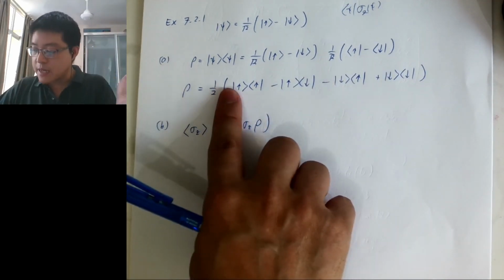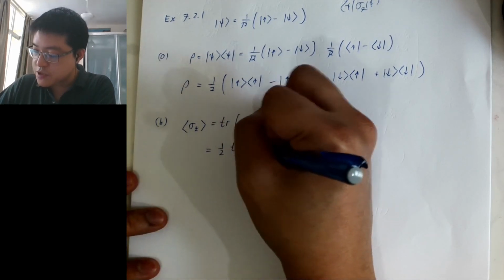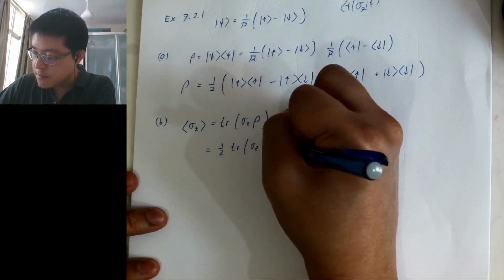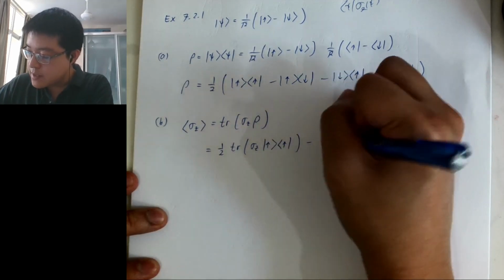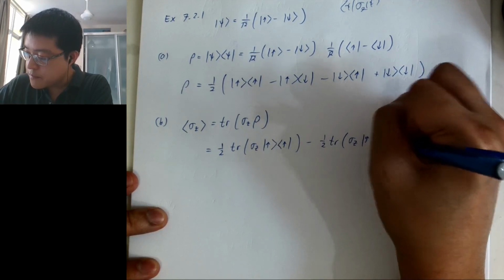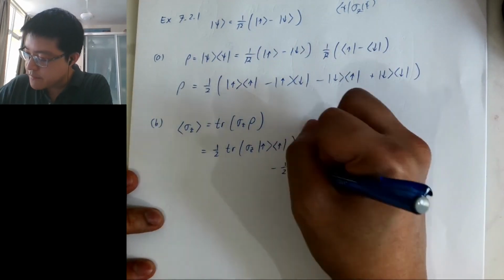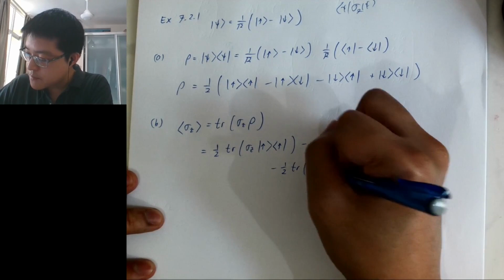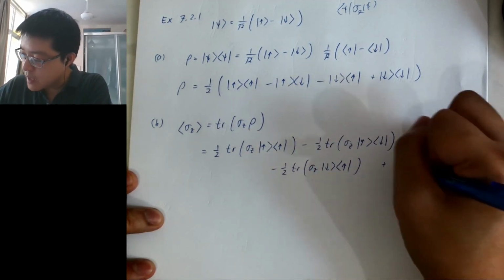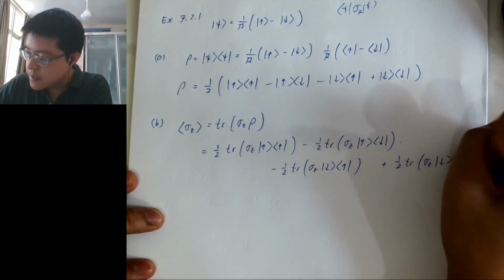I can take out the scalar, so it's just taking the trace of sigma z times up up, minus half the trace of sigma z up down, minus half the trace of sigma z down up, and finally half the trace of sigma z down down.